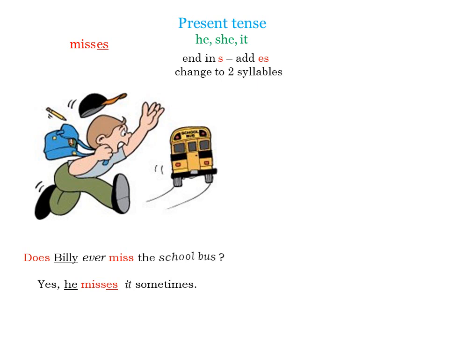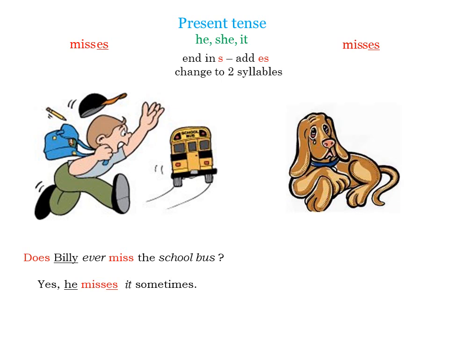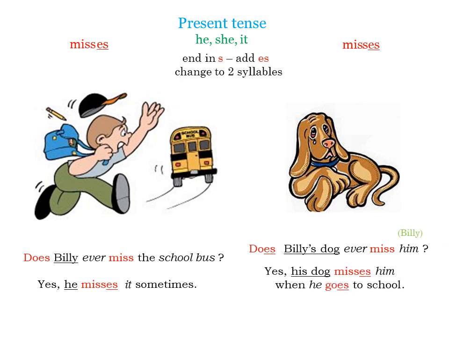It meaning the school bus. Miss ends in S, add ES, you have misses. Does Billy's dog ever miss him? Yes, his dog misses him when he goes to school.